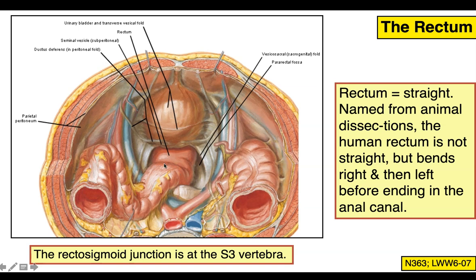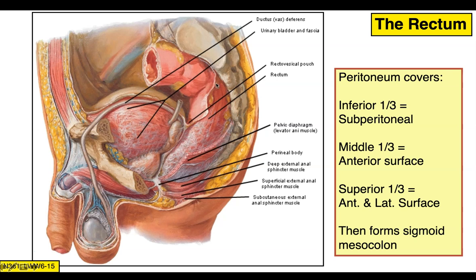So in front of the third sacral vertebra, the sigmoid colon ends and the rectum begins, and we call this the recto-sigmoid junction. And the rectum lies in front of the sacrum. From the third sacral vertebra, the rectum begins, and then it goes down, and below it is continuous with the anal canal.